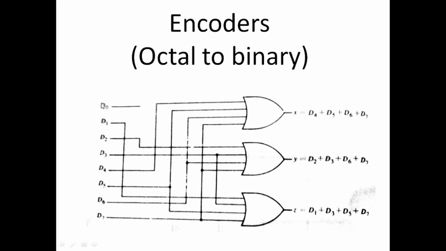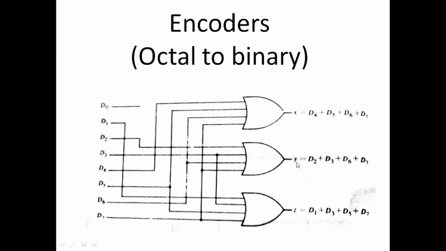So it encodes 1 digit pressed or given as input at a time into 3-bit binary code, and this is the 3-bit binary code represented with three Boolean equations x, y, and z. So this is the Boolean equation of the first bit. X is equal to d4, d5, d6, d7. These are the input variables, Boolean variables.